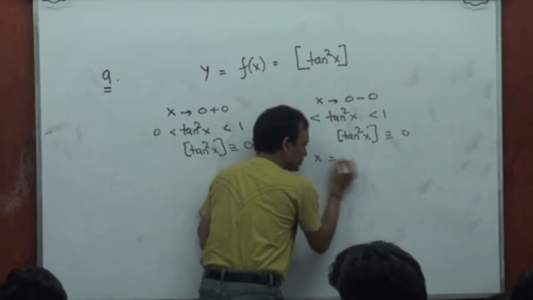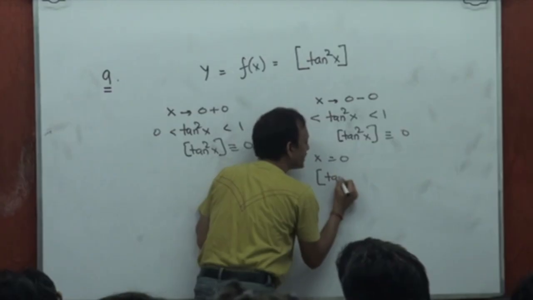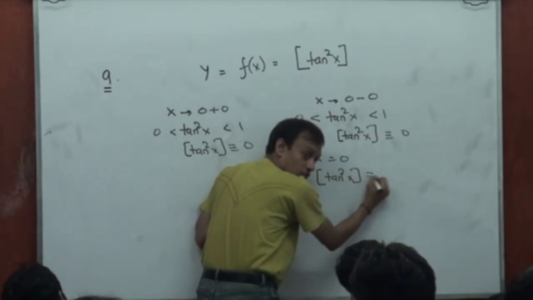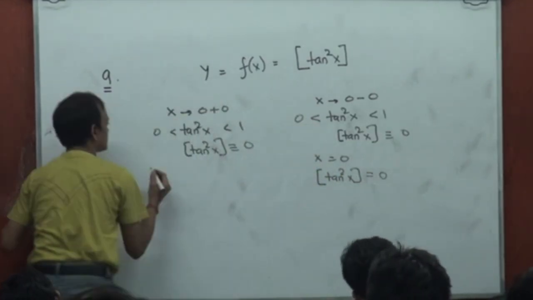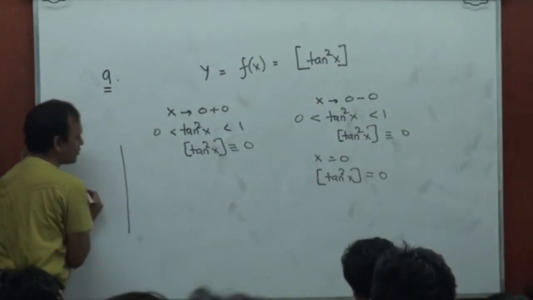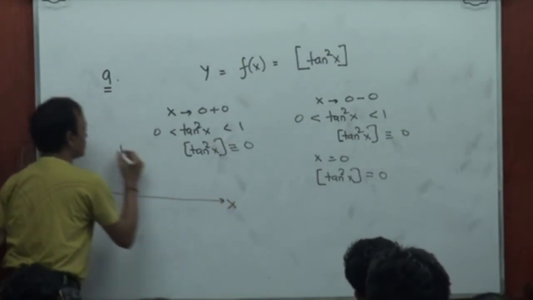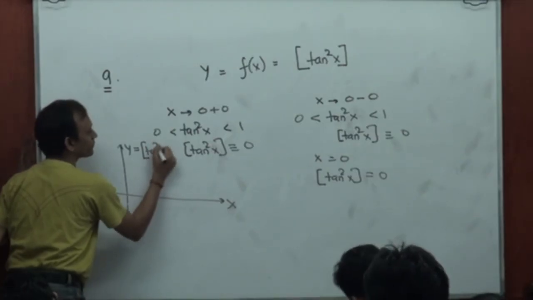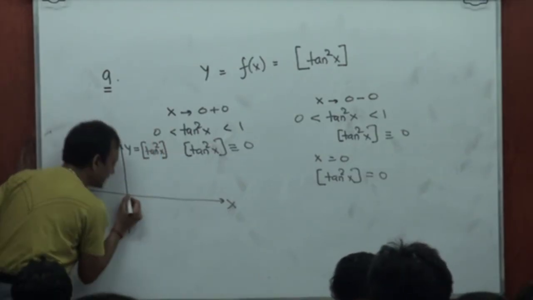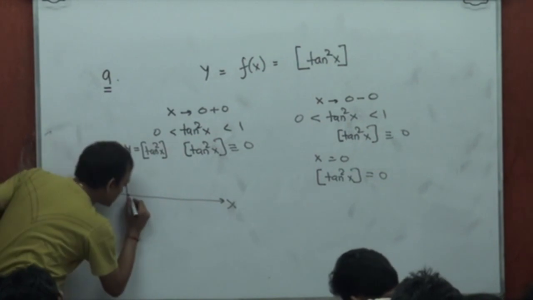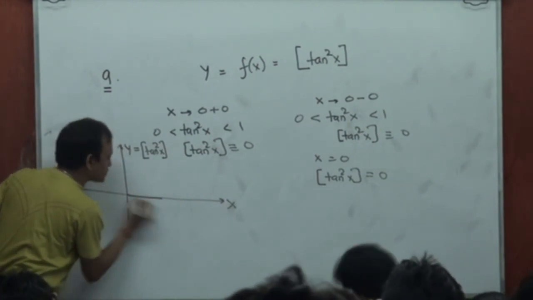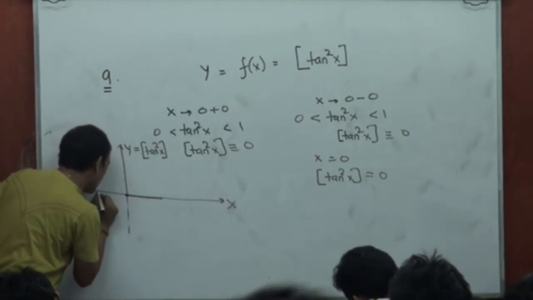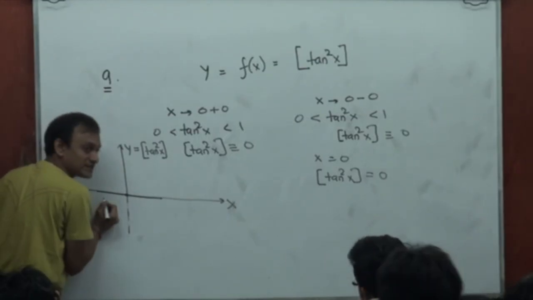At x equal to 0, box of tan squared x is 0. To the immediate right it is 0, and to the immediate left it is 0.